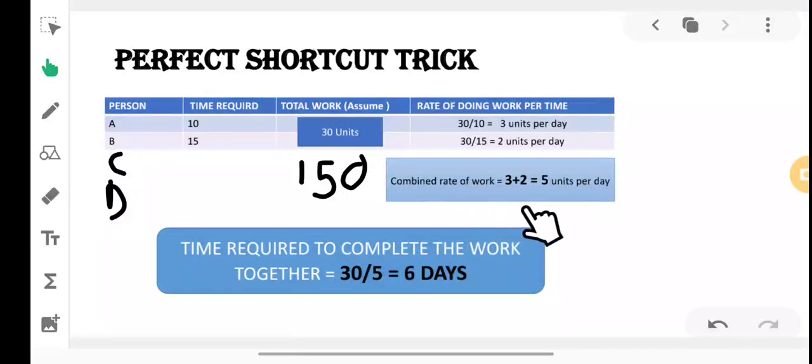This is the combined rate of work. So the time required to complete the work together is total work upon the combined rate of work. So 30 by 5 equals 6 days is the time required to complete the work.